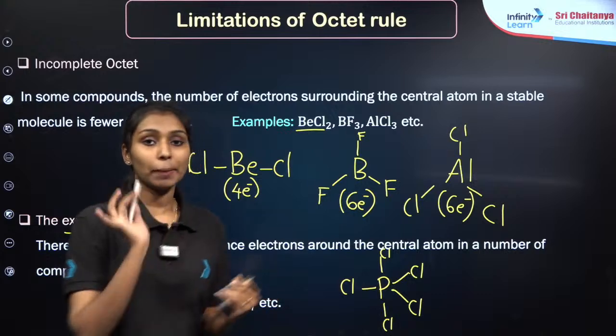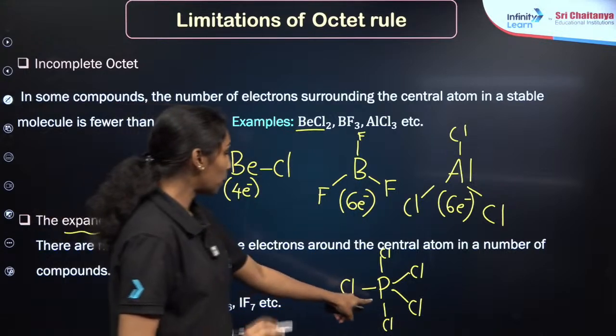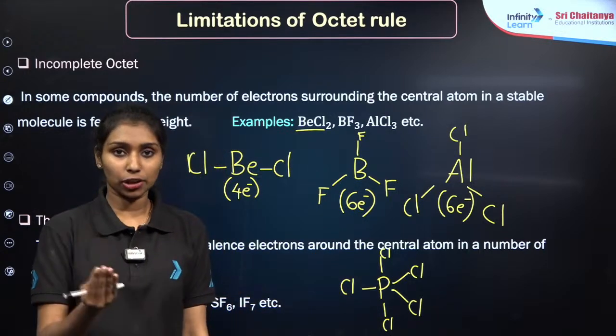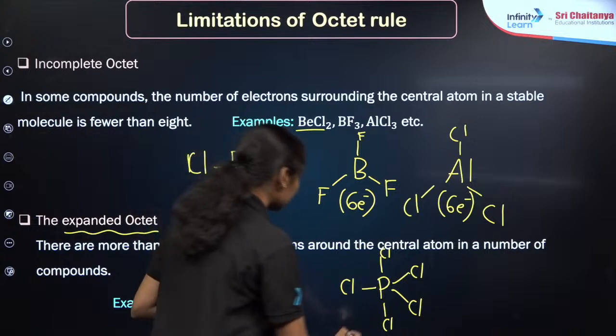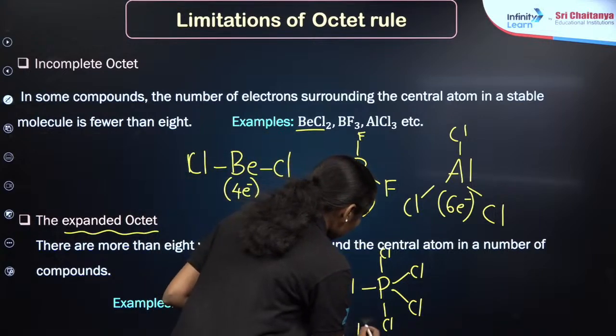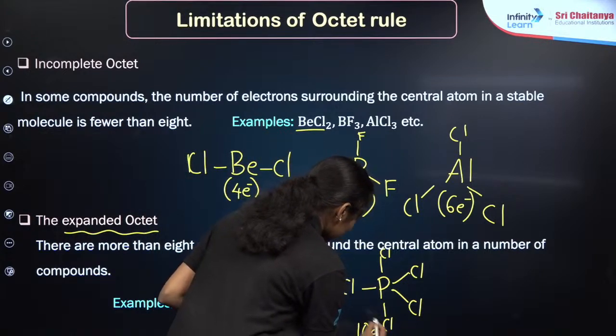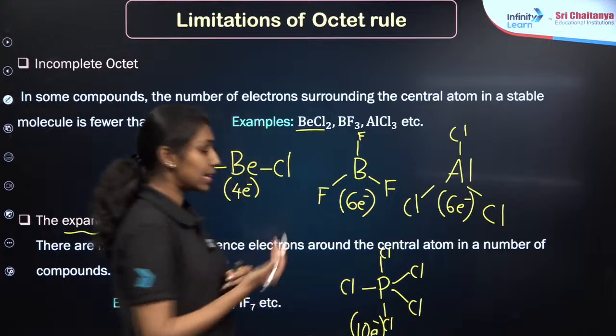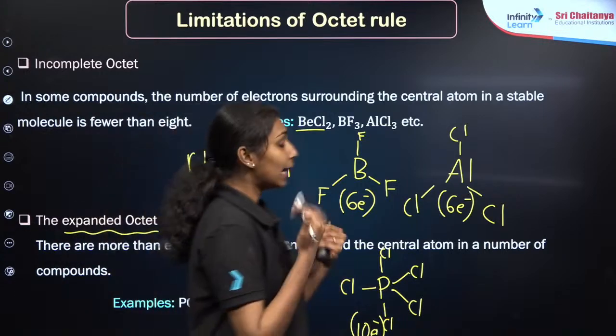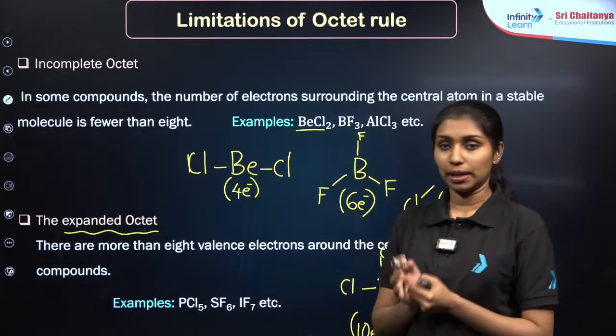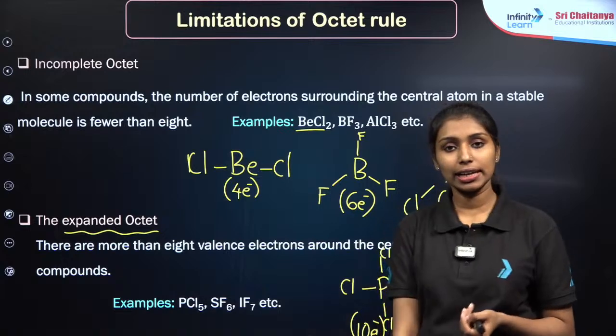Which means that the central atom phosphorus in the PCl5 molecule possesses 10 electrons. More than 8 electrons, right? That is the expanded octet. According to the octet rule, it fails to explain the stability. But from chemical experiments, the PCl5 molecule is stable, even though it has an expanded octet. Clear?